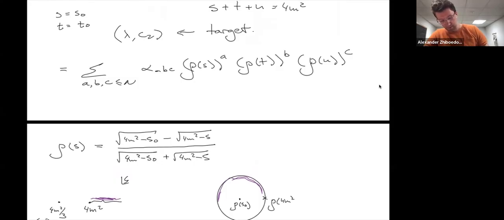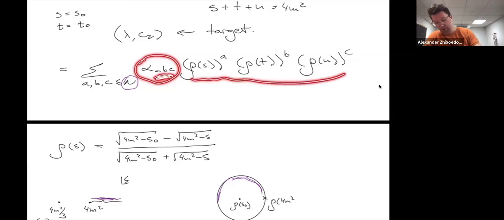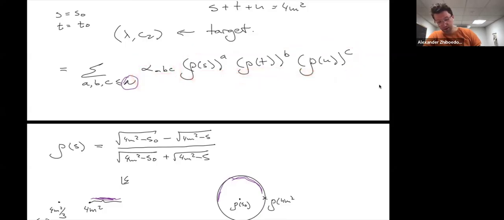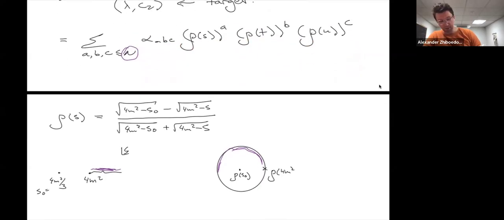You take finite n here. Effectively, you develop a Taylor series, and you see that this ansatz, if you take these alpha ABC to be symmetric, satisfies crossing symmetry. You flip S T or T U or S U, and that's completely symmetric if these numbers are symmetric. It's linear in these alphas. And by construction, it has maximal analyticity.